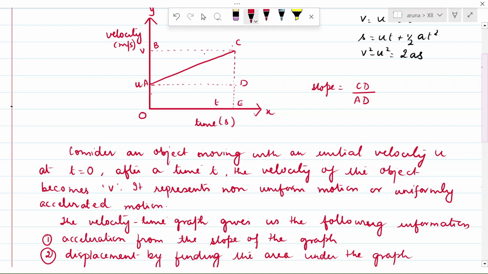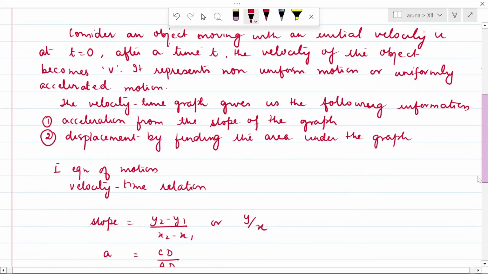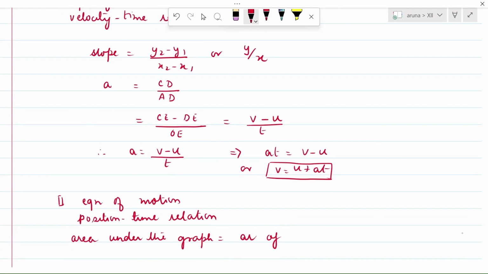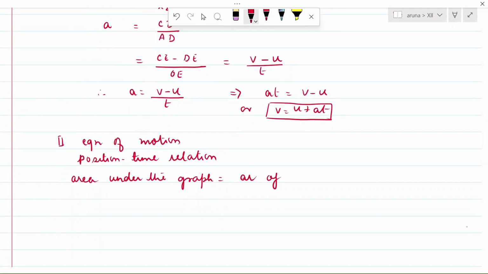So if we apply the formula, area of trapezium OACE is equal to half sum of the parallel sides into height.